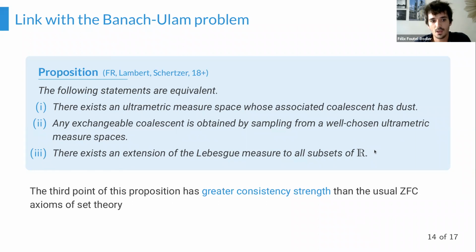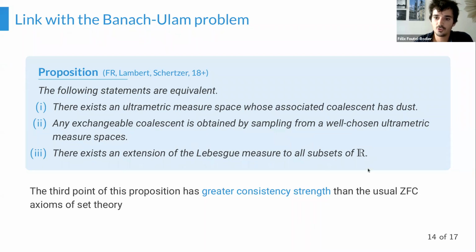Okay. And so most of you might know that there is no answer to this third point, and that actually really depends on the axioms that you choose. And I don't want to go into too many details, but we can actually link the existence of such an extension to the existence of some large cardinal, which is inaccessible and which is called a measurable cardinal.